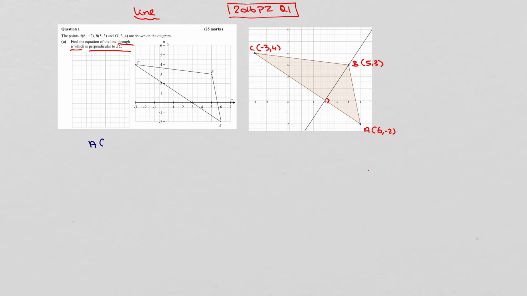So we have the point A is 6, minus 2, and the point C is minus 3, 4. So if I call them x1, y1 and x2, y2, and remember it doesn't matter which is x1, y1 and which one is x2, y2, it'll still give me the same answer for my slope. And my slope formula can be found on page 18 in my maths tables.